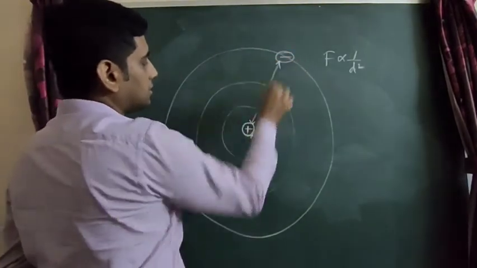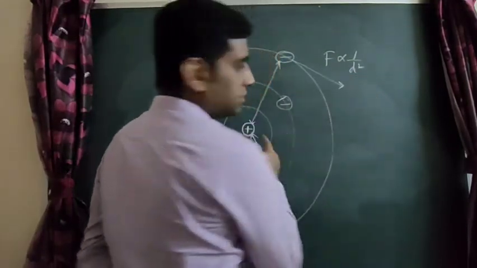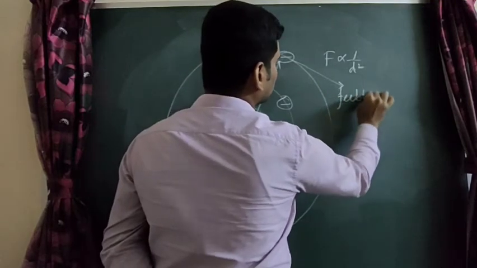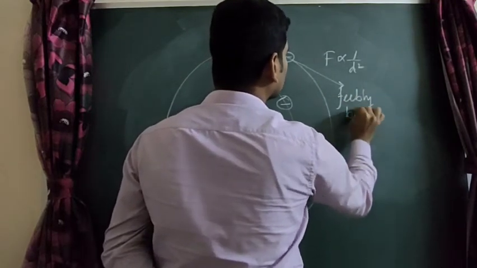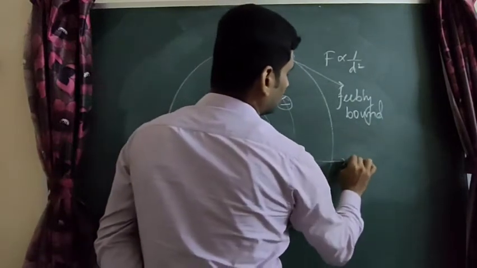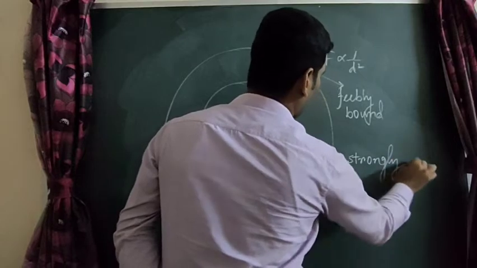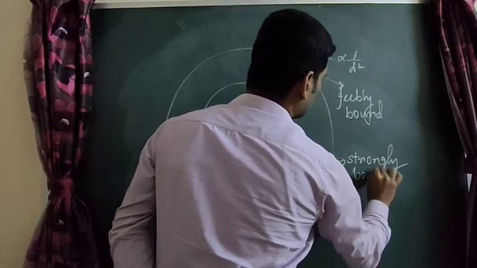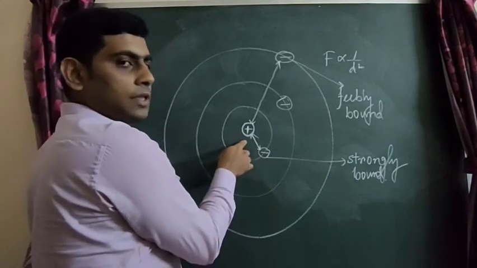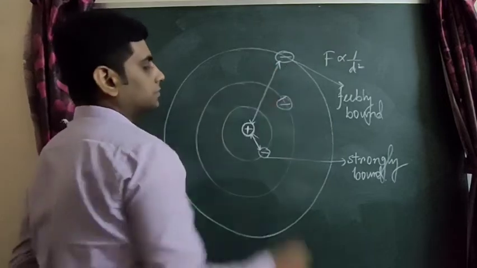So as the distance is more here, this particular electron, which is far away from the nucleus, is feebly bound, compared to this one, which is strongly bound.